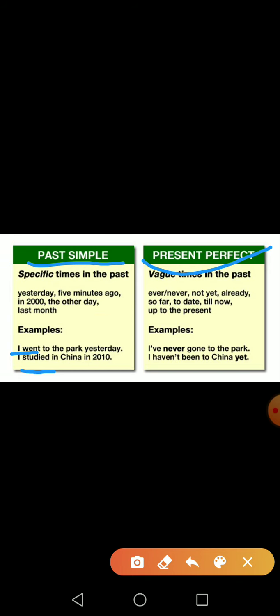Let's see the other rule, which is the other tense, present perfect. I will start with the examples. I've never gone to the park. So as you notice here, we are using the same example. I've never gone to the park. I haven't been to China yet. So if I ask you, when does the action happen?